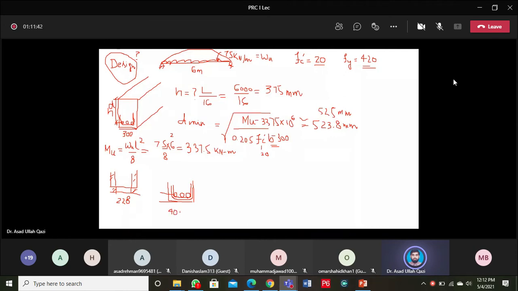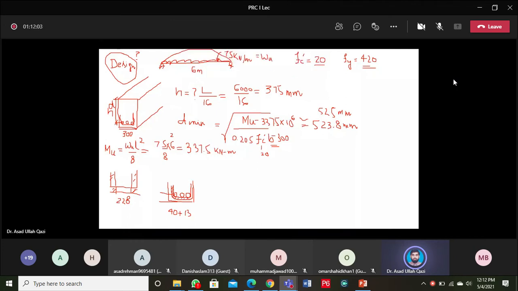Then at this stage, I assume that my rings, ties, shear stirrups, which will be our next topic of design, are of diameter 13 millimeter, rings which are used to resist the shear force.